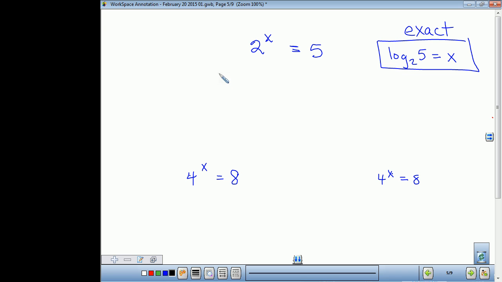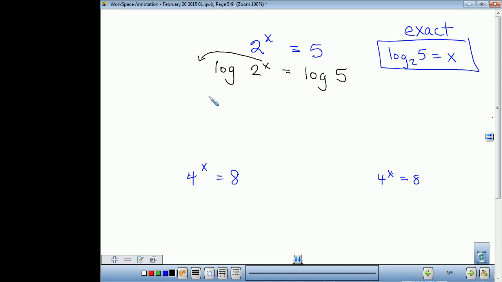Now, if I'm solving an equation, is it fair if I perform the exact same operation on both sides of the equation? Yes. So is it fair that I introduce this if I introduce it to both sides? Yes.